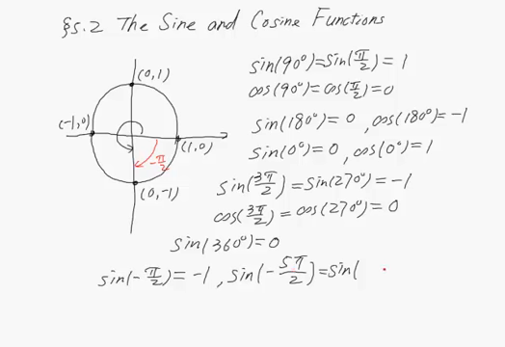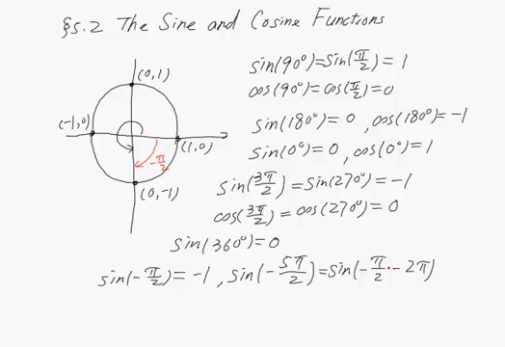Actually, 5 pi over 2 is equal to pi over 2 plus 2 pi. So negative 5 pi over 2 is equal to negative pi over 2 minus 2 pi.